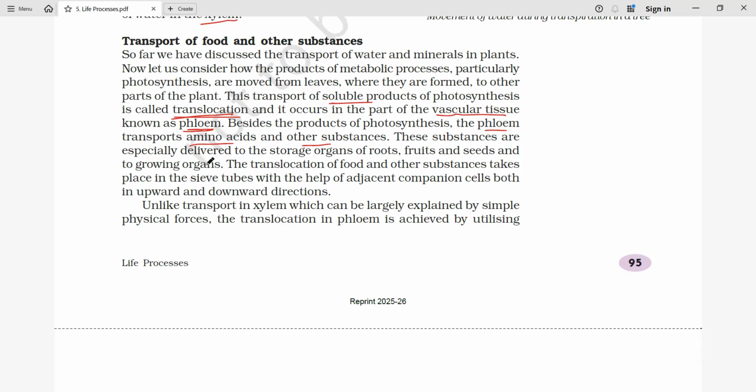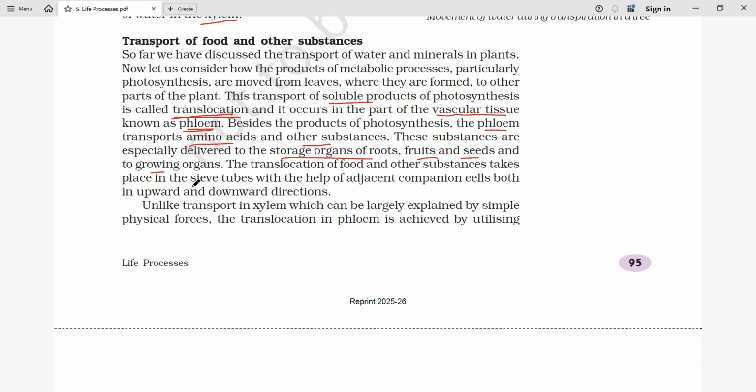So these substances are delivered to the storage organs of the roots and fruits and seeds and to growing organs. So this translocation of food and these substances, like we have seen amino acids, is distributed to the different parts, and this amino acid is delivered to the organs of roots, fruits, and all these things. So these are the important parts here. Okay.